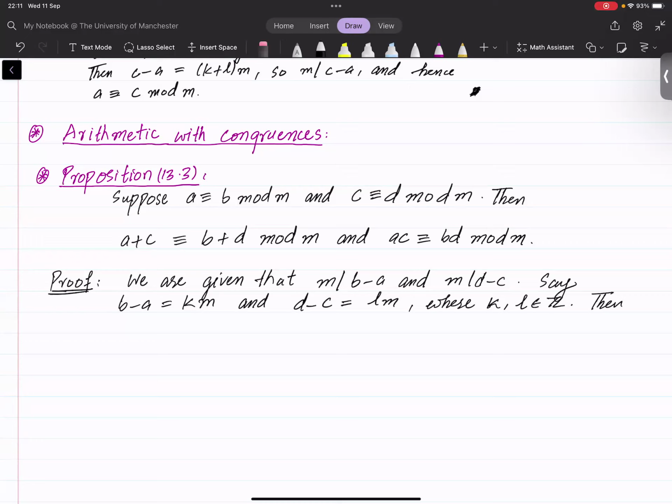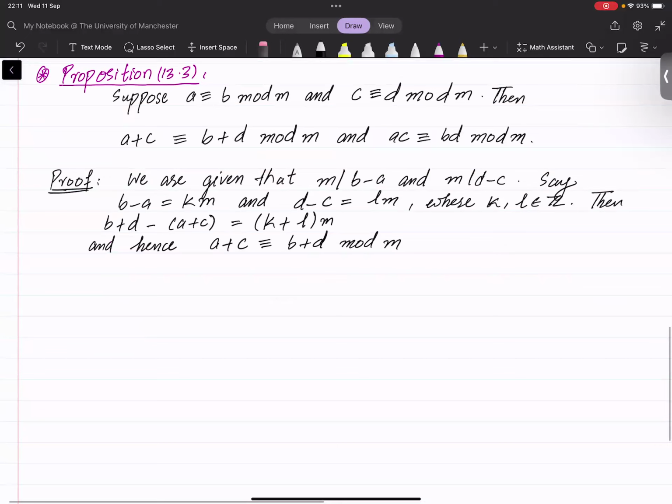Then b plus d minus a plus c is k plus l times m, and hence a plus c is congruent to b plus d modulo m by the above.